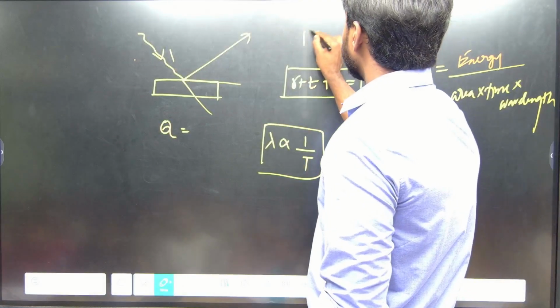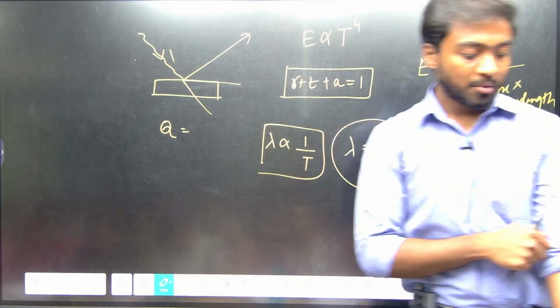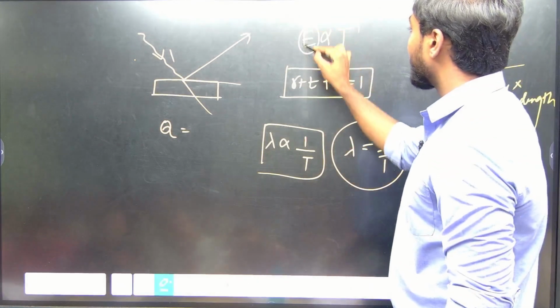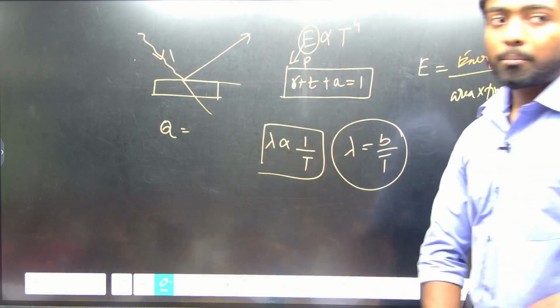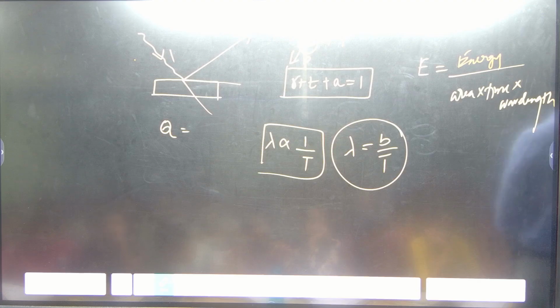Emissive power is directly proportional to T power 4. Sometimes they give this E in terms of P also. P is directly proportional to T power 4, or E is directly proportional to T power 4.